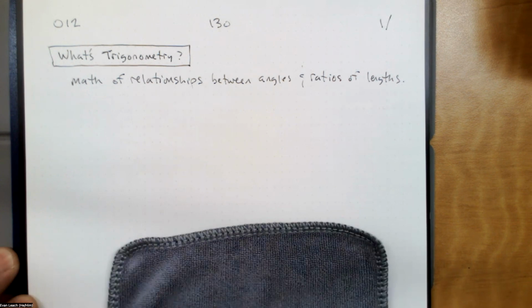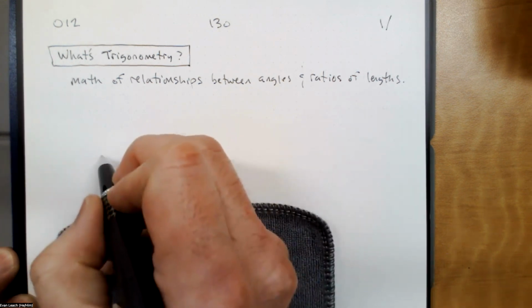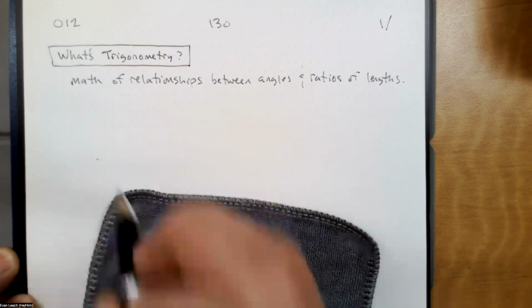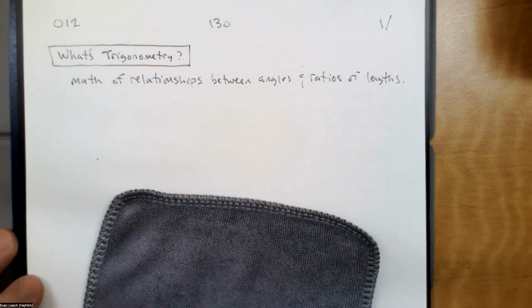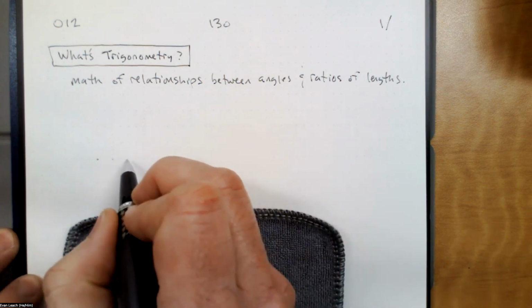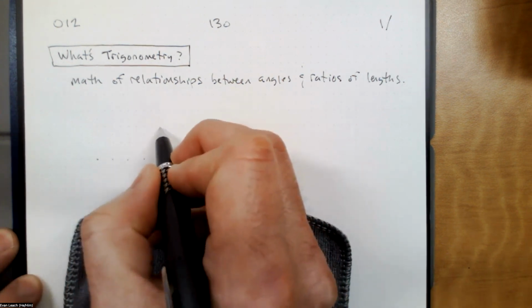So there are some things that we know about triangles already. If I draw a right triangle, what does it mean to have a right triangle? There's a 90-degree angle. See, you all have math knowledge already.